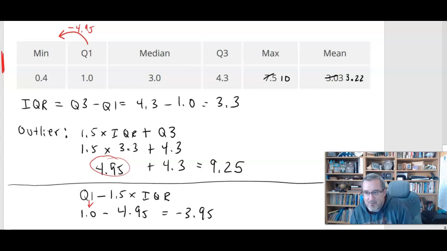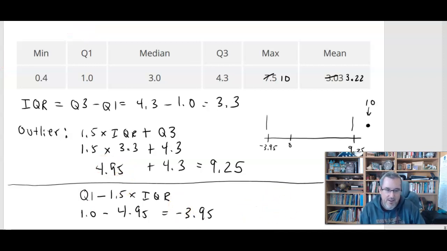So 0.4 is not beyond that. The only way it would be an outlier is if, it wouldn't make sense in this case, but if we had a data point like negative 5, negative 7, even negative 4.1, those would be outliers. They also wouldn't make sense because how do you live a negative distance from school? But anyway, they would be outliers. As long as data is not beyond that, it's not an outlier. So 0.4 is not an outlier.